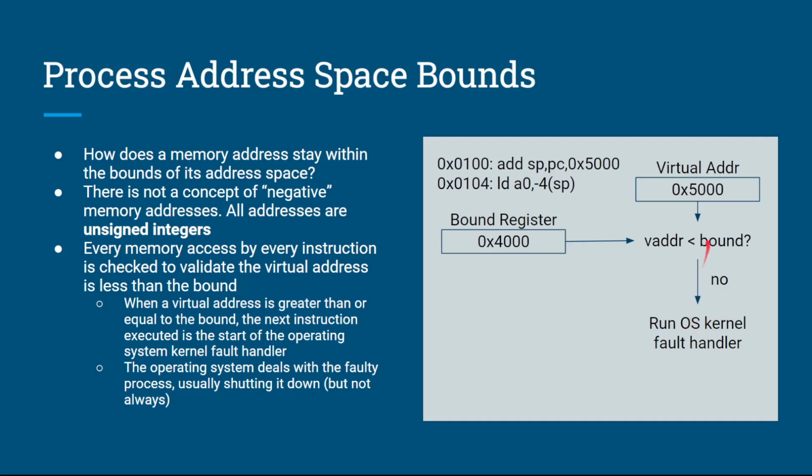Instead of running that instruction or accessing that memory, the CPU simply calls this kernel fault handler, and it does that in a very simple manner. It changes the program counter. So instead of running whatever instruction comes after this load, which is probably at virtual address 108, it sets the program counter to the kernel fault handler.